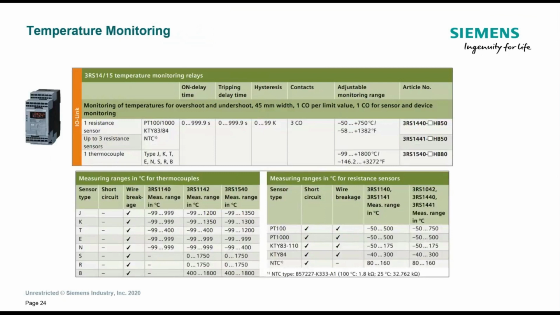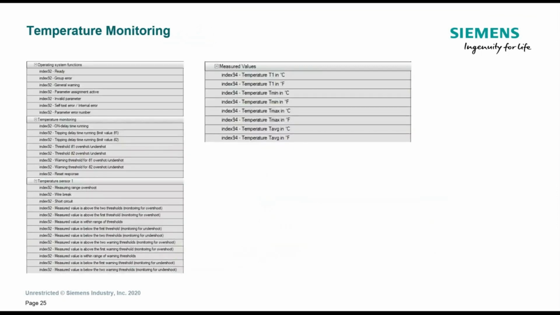From a temperature standpoint, we offer 3 different versions of temperature monitoring relays. That'll be for RTD or thermocouple type inputs, for either one temperature sensor or up to 3 temperature sensors with these units. And again, quite a bit of digital diagnostics. What I'm showing here is one of the monitoring relays that only has a single temperature sensor.